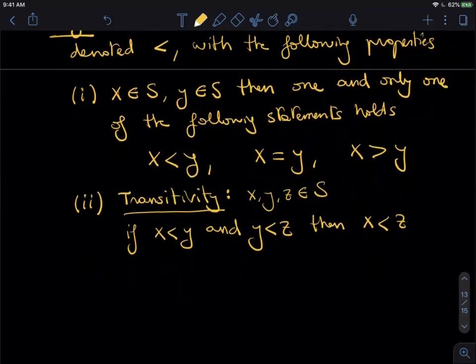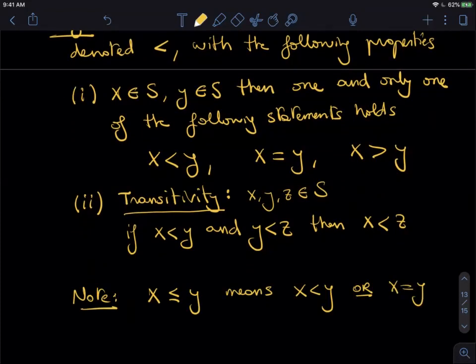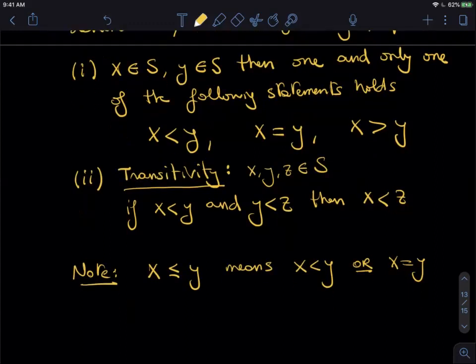Whenever we say X less or equal Y, this means that either X is smaller than Y or X is equal to Y, but we are not specifying which is the case. Here we are being a little lazier.